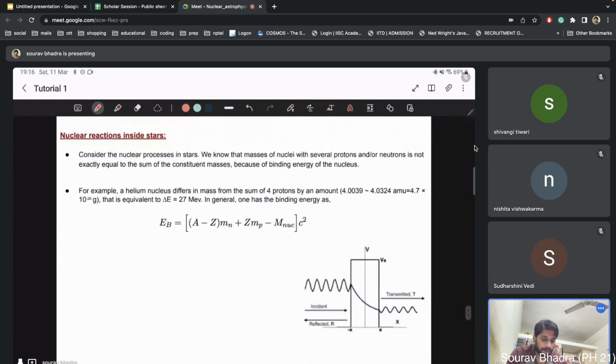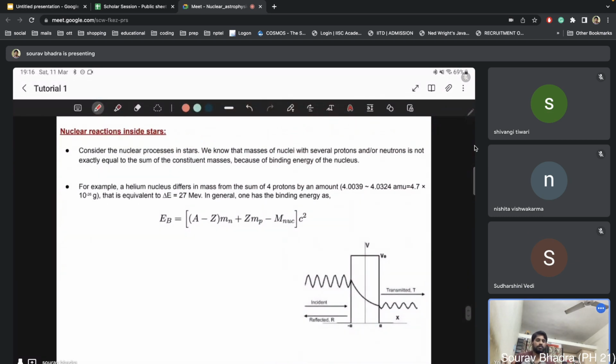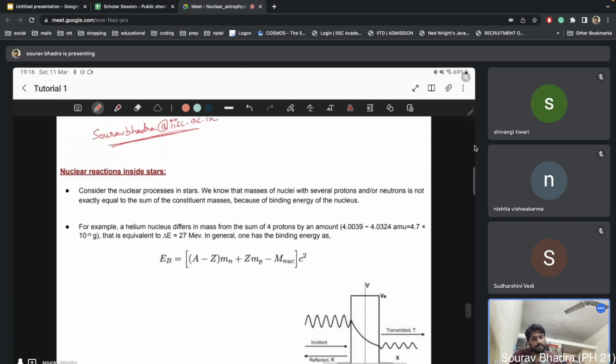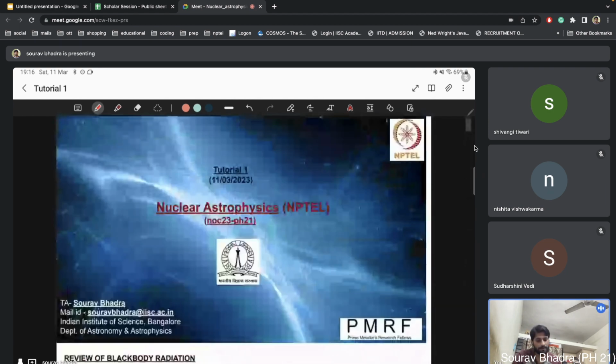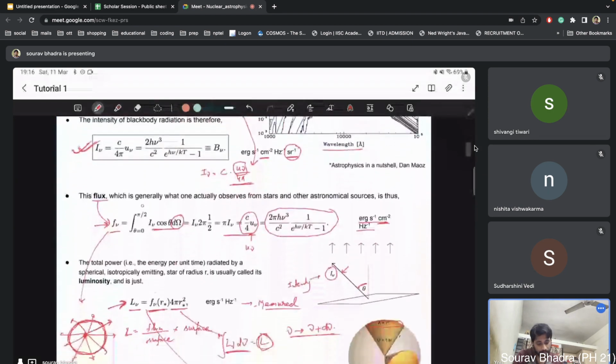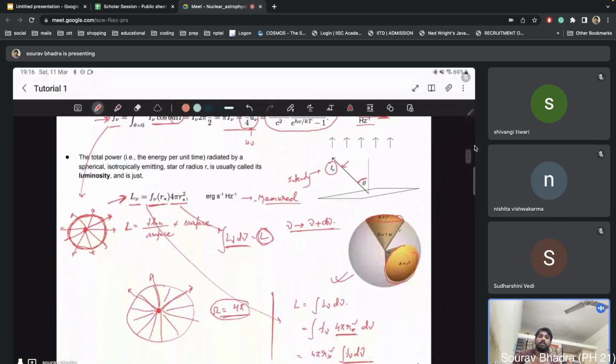Okay, now coming to the course of nuclear astrophysics. Our course mainly focuses on the nuclear reactions inside the stars and the elemental abundances, all those things. You can see in the first slide, I have calculated the luminosity.